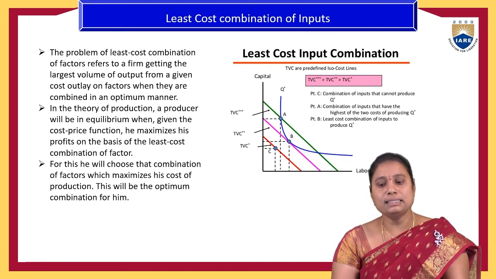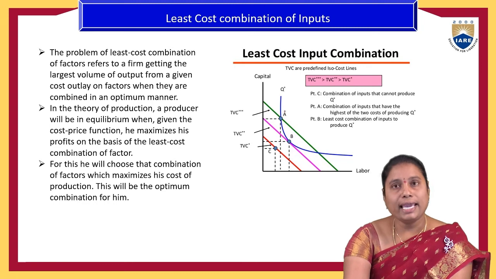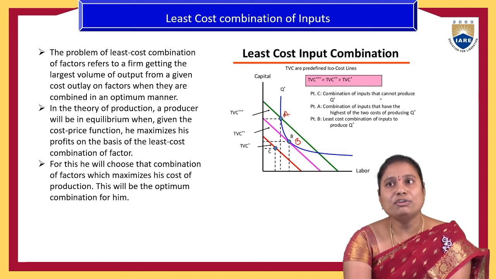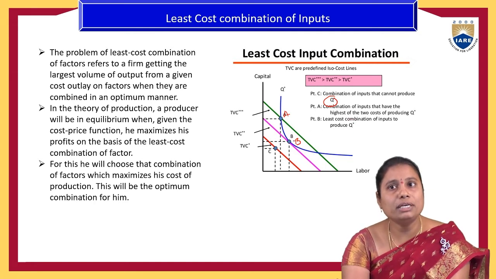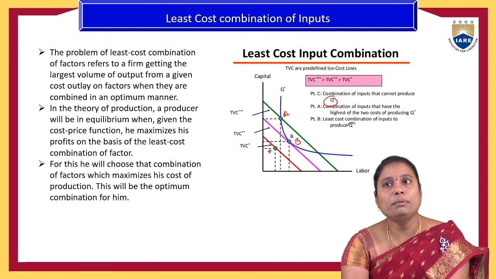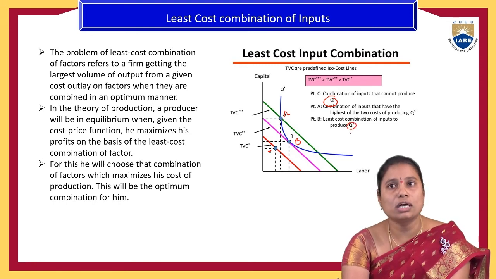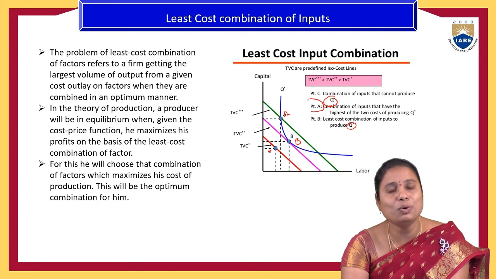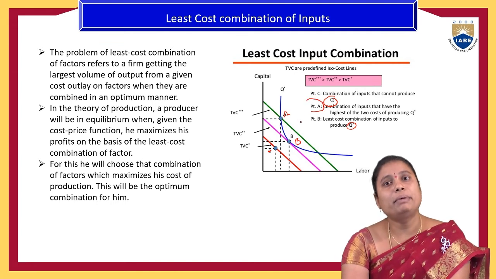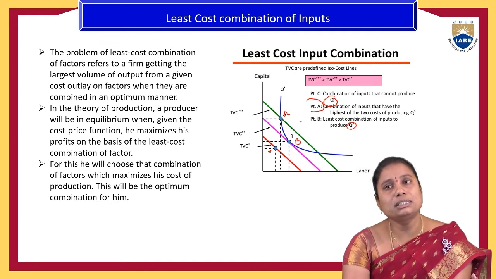So let us say there is an A combination and a B combination. In the B and C combinations, the inputs cannot give the same quantity at the same cost, but the A combination gives the same cost and the same quantity, and the combination of inputs is giving more benefit to the producer.